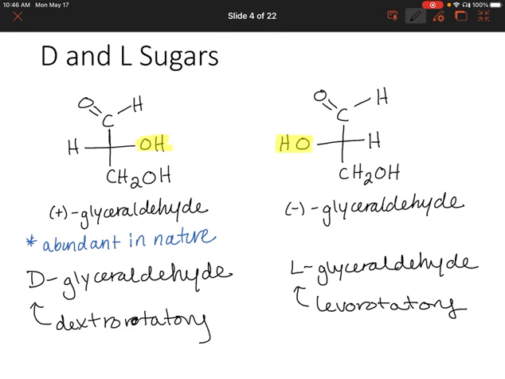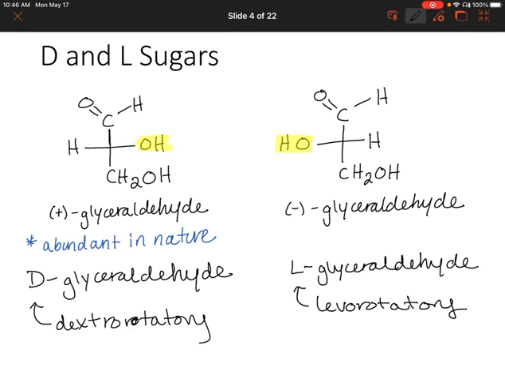So most carbohydrates are made from a starting point. If we were to make natural carbohydrates, they are all going to come from D-glyceraldehyde, for instance.